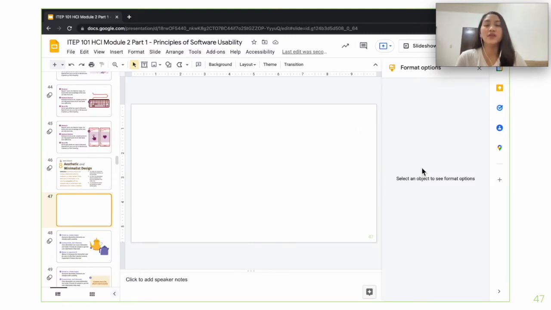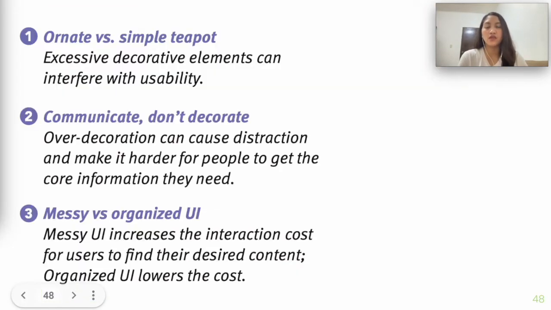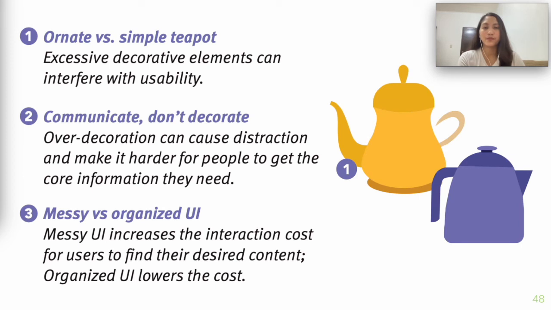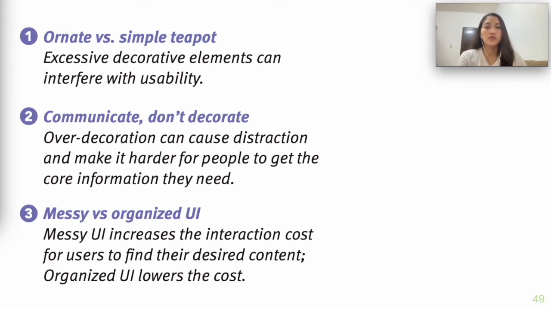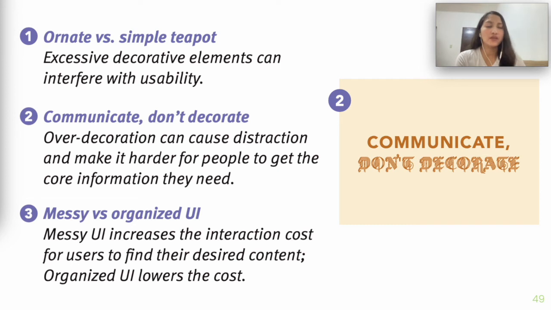So an example is again the Google Slides, where you show the options that are available or that can be done when you are clicking or you are working on an element in your presentation. Okay, so the next, some more examples are the following: ornate versus simple teapot, communicate, don't decorate.